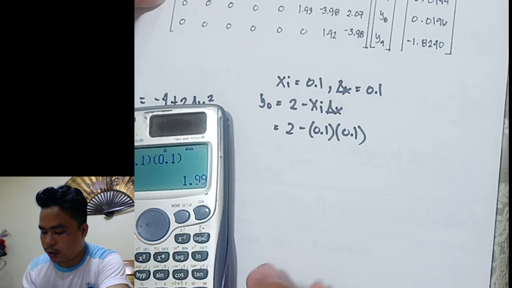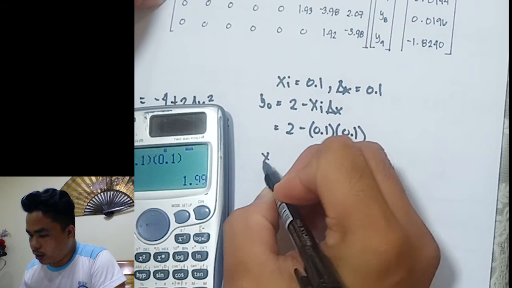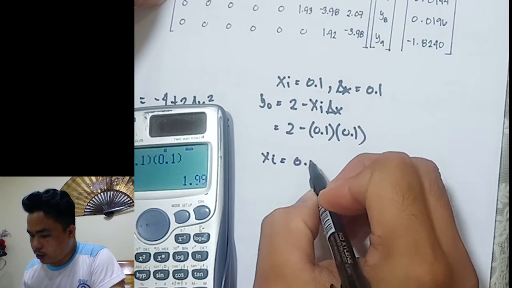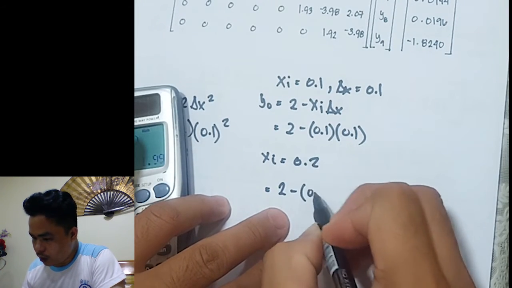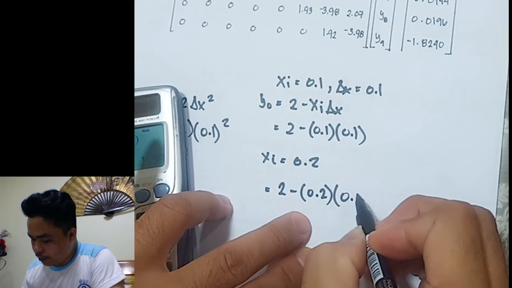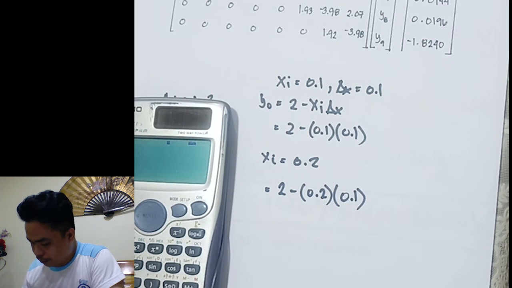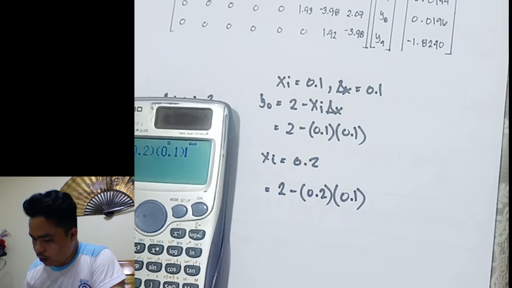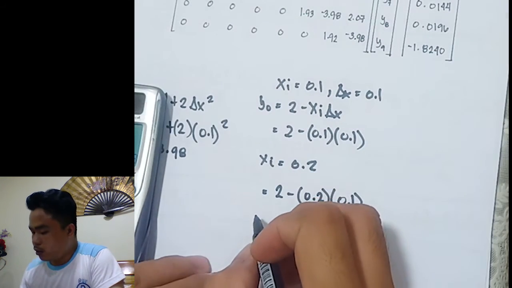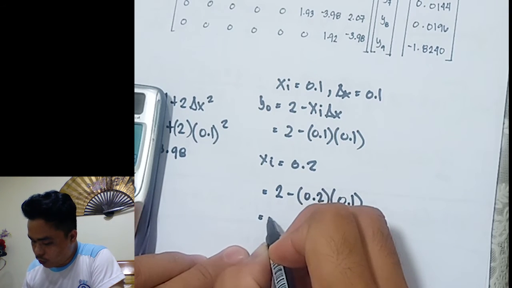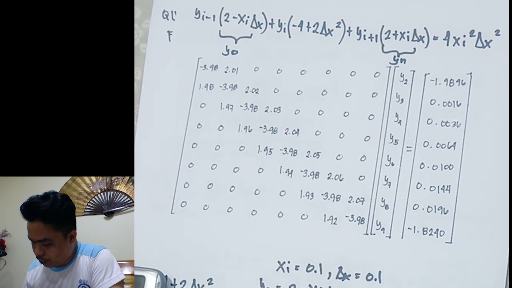Then we use xi equal to 0.2, and the answer is 1.98 here.